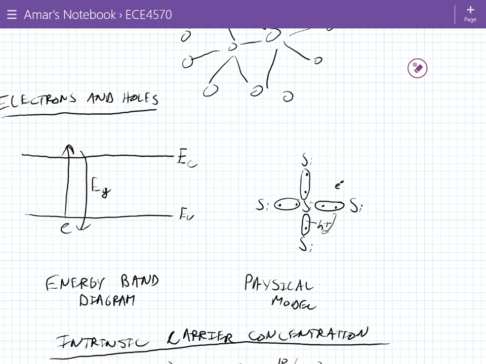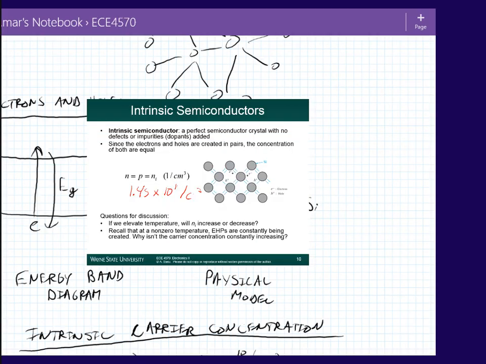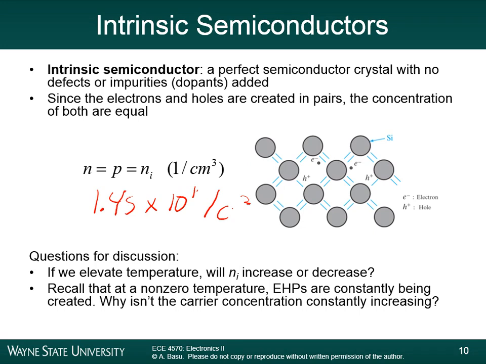At equilibrium, the generation rate is equal to the recombination rate. Because electrons are being generated and they're also recombining, the two processes are in equilibrium with one another. That's why the carrier concentration isn't changing. It reaches an equilibrium state.